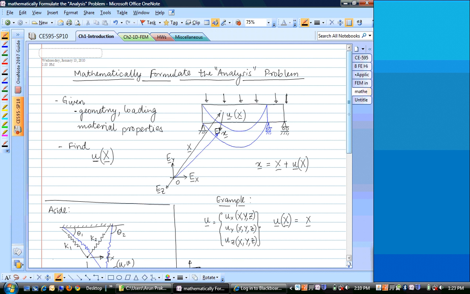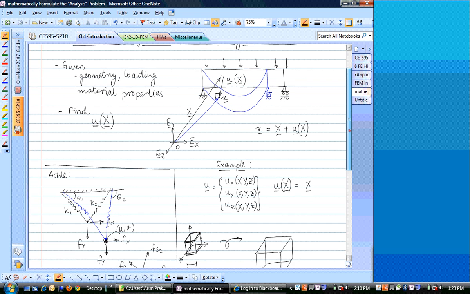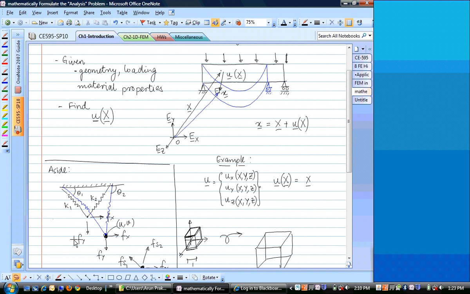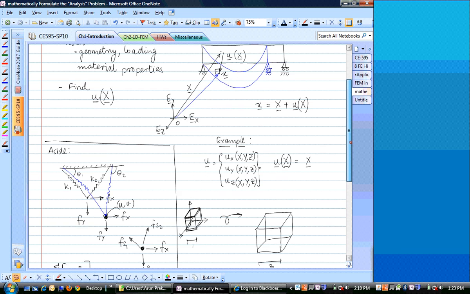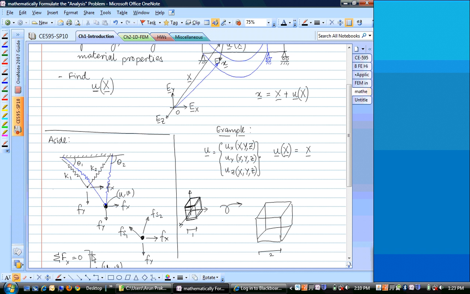And keep in mind that I'm choosing a small block in the new location because in the spring example also, we chose to enforce equilibrium in the deformed configuration, right? Equilibrium does not hold in the original configuration. After you apply the forces, it will deform and go to a new location. So equilibrium has always to be enforced in the deformed configuration.